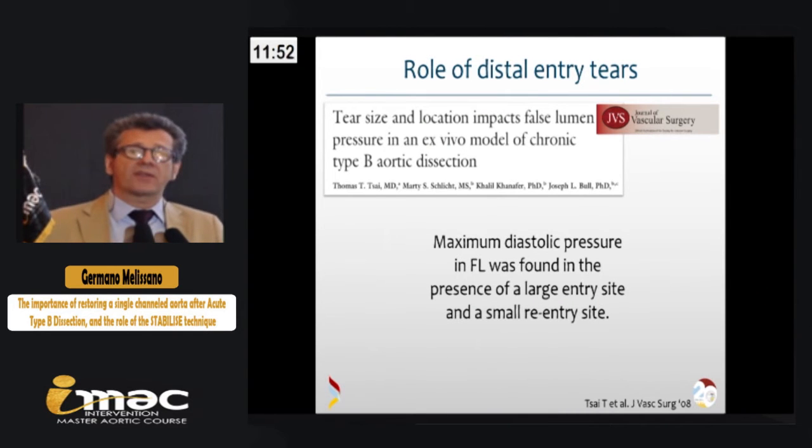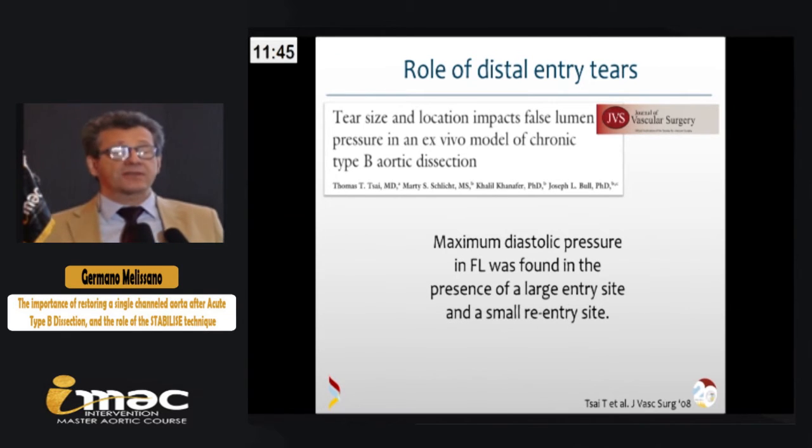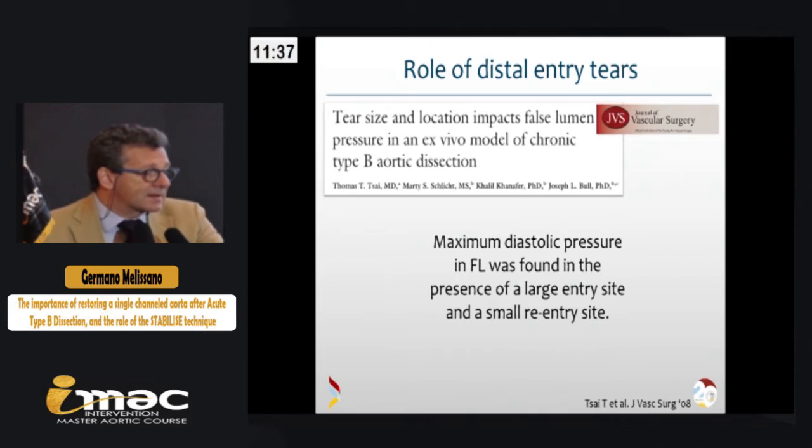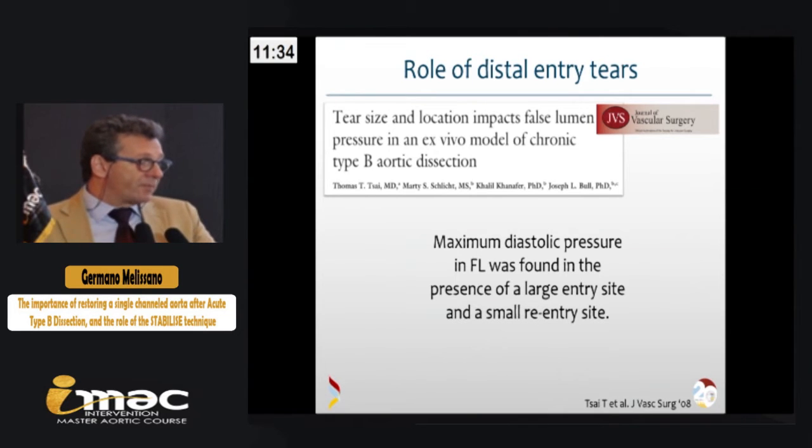the situation that leads to partial thrombosis is a situation in which we have a larger entry tear and one or more small re-entry tears, so that the patient is left with a maximum diastolic pressure that stays high during the cardiac cycle, especially during diastole.